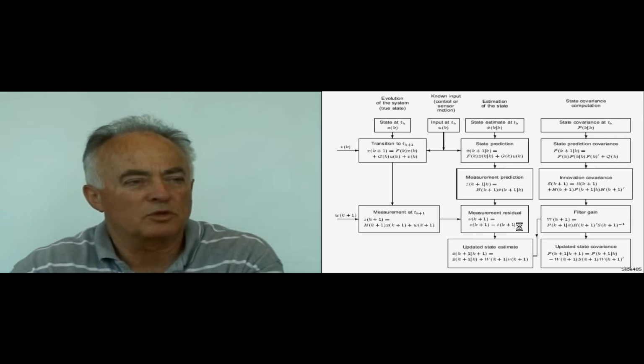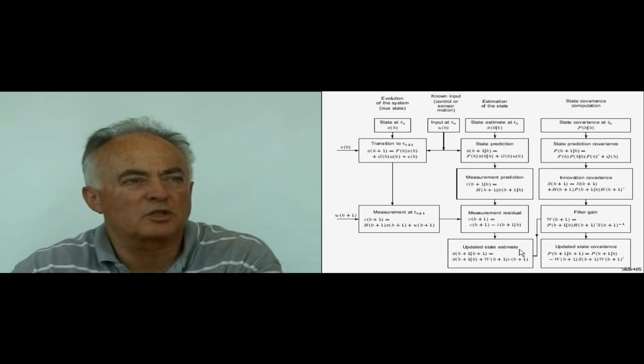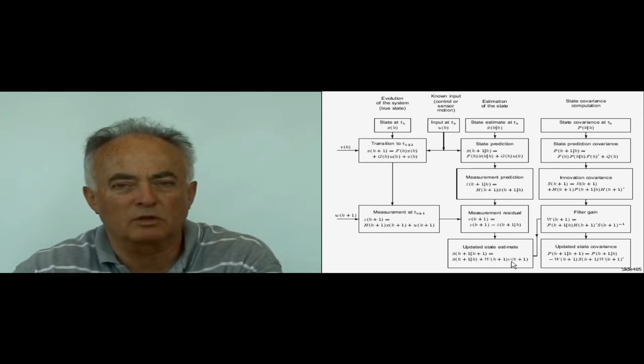And now we are in a position to calculate the updated state estimate as a linear combination of the predicted state and the innovation. So x hat k plus 1 given k plus 1 is x hat k plus 1 given k plus Wk plus 1 nu k plus 1.